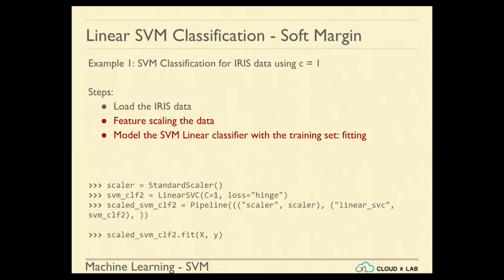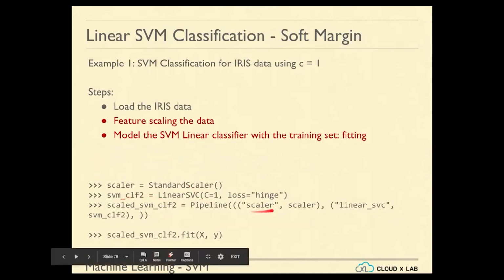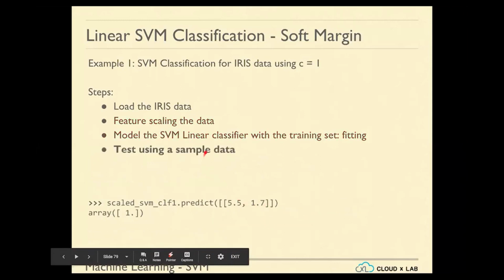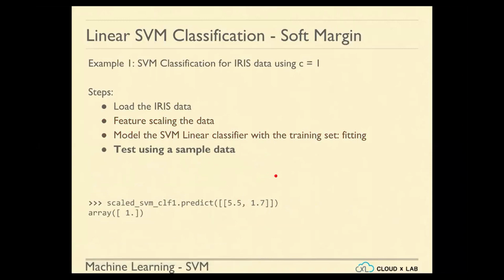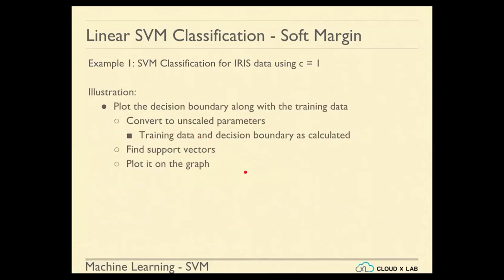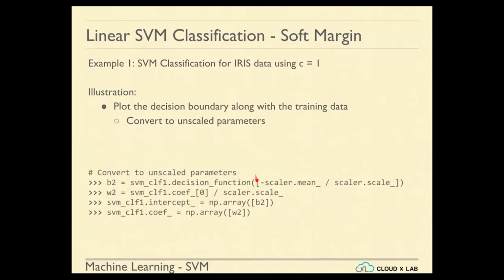All right. Then we are pipelining things. We are basically pipelining this scaler and LinearSVC and so on. And then we are testing using the sample data, predicting. All right, now we are going to plot the decision boundary along with the training samples.